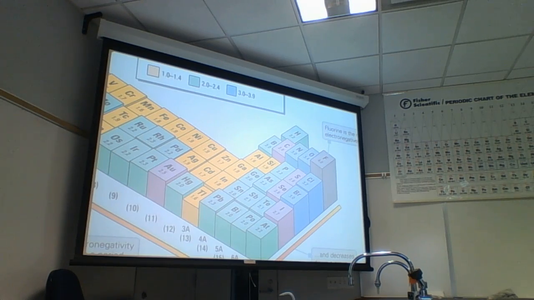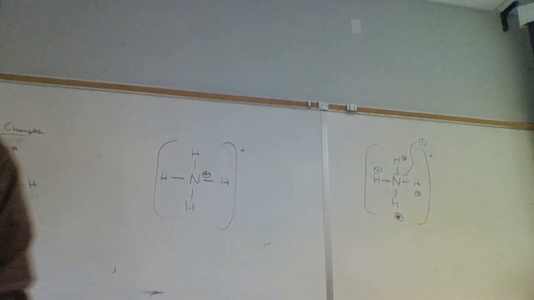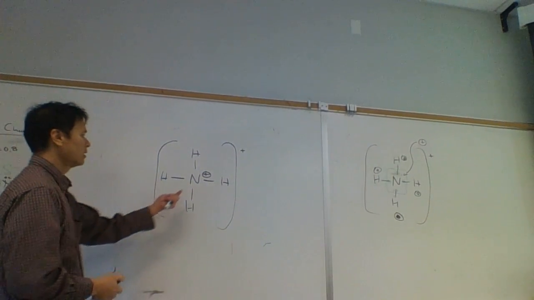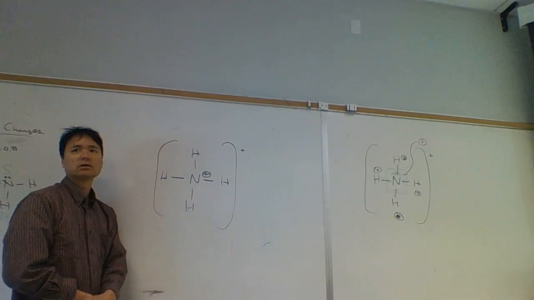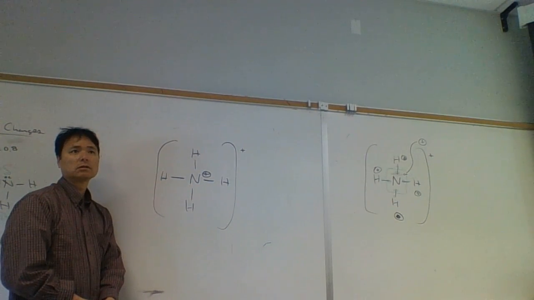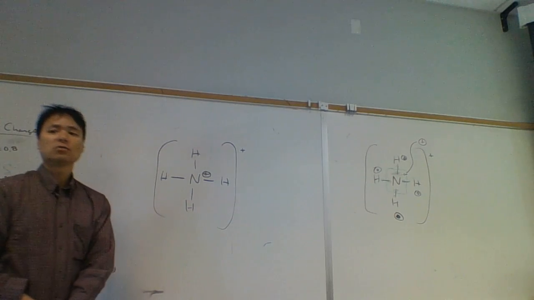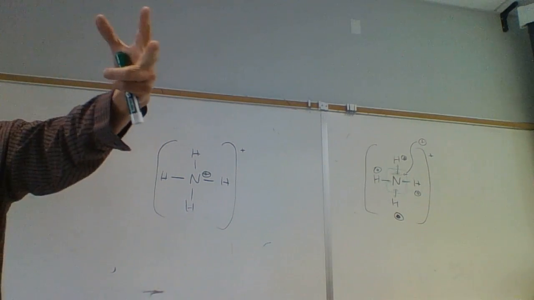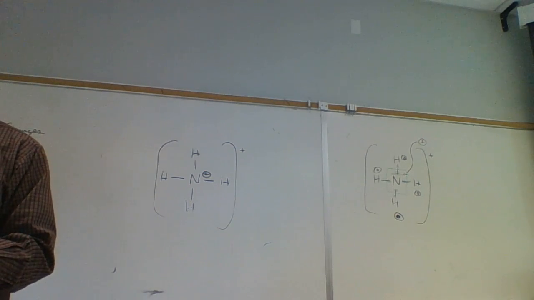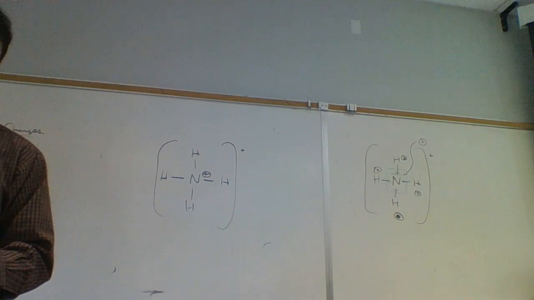What is that going to do? Is it going to make nitrogen more electronegative or less electronegative if it has a positive charge? Is it going to want to pull in more of the electron cloud or less? Electron cloud's negative. It's going to pull in more.